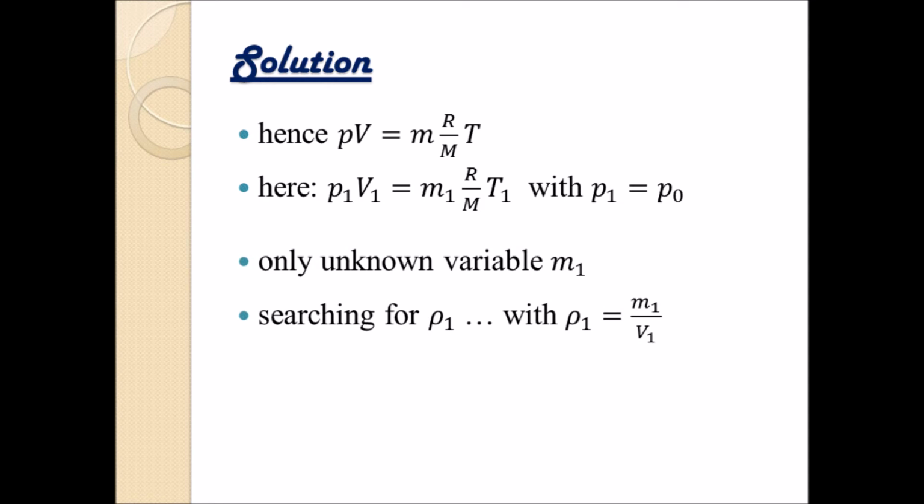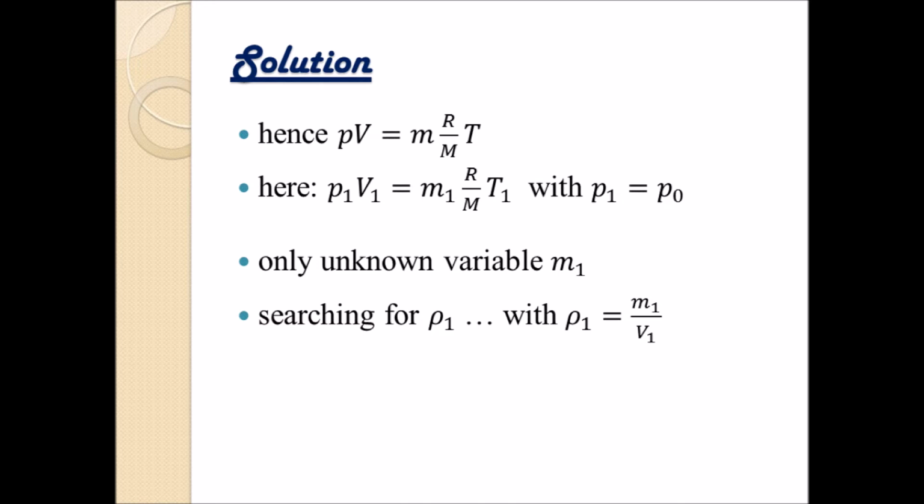But we were not searching for M1. We were actually looking for the density ρ1. But this is not too complicated now, because the density of a material, in this case ρ1, equals mass M1 divided by the respective volume V1.